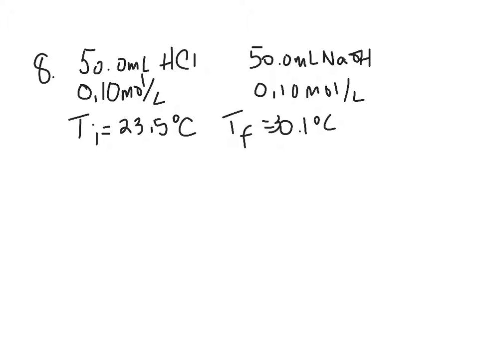Always write down your initial data first, so you know where you're working from. It says, what is the molar enthalpy of neutralization for HCl? You've got to pay attention for which substance they want the molar enthalpy for, because that's the number of moles you're going to need.